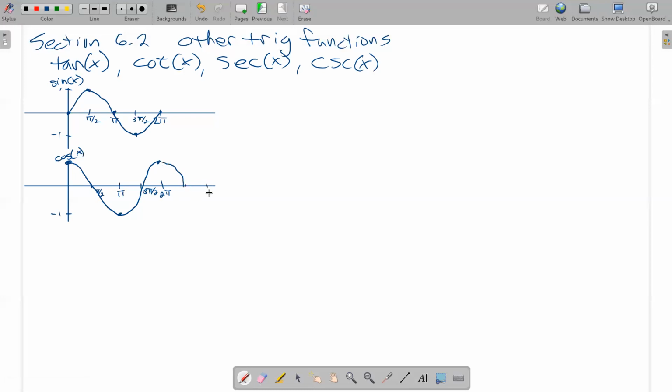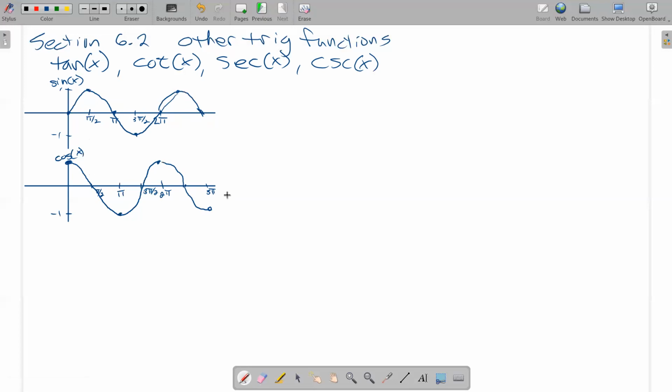Another pi over 2 later, 3 pi, it's going to bottom out. Over and over again, it's going to repeat it, just like the sine. It's at its midpoint down at pi, so another pi later, about right here, it should come down through again with a midpoint, with a maximum in between, right? So we keep repeating those patterns over and over again.